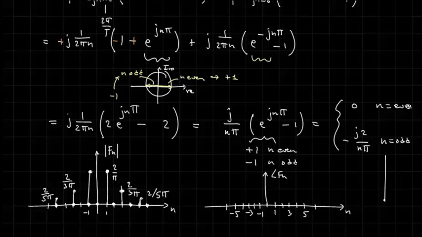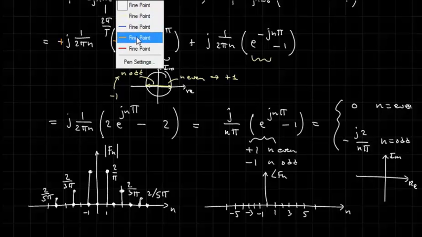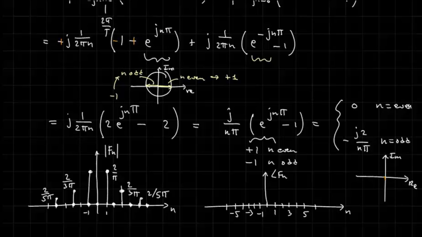It is always sitting around the complex plane, always pointing down. And the value that it points to is minus 2 over n pi. The angle never changes. The angle is always minus 90 degrees.